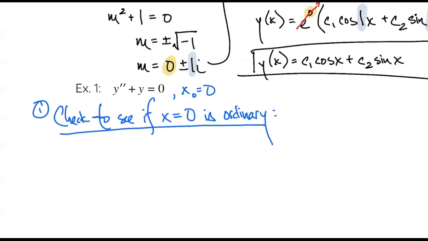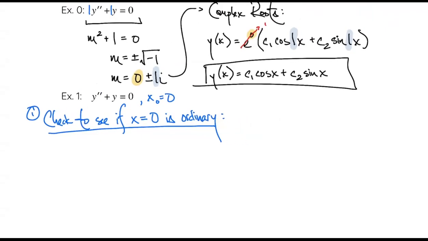I'm pretty sure I did that on the homework, but if I didn't, please let me know and I'm happy to update that. All right, so check to see if x equals 0 is ordinary. And so what we want to say is, do we have a sub 2 that is 1 or not 0?